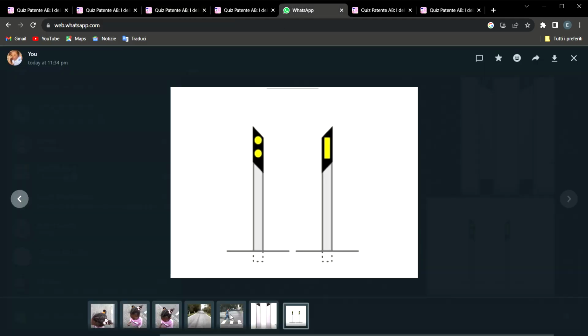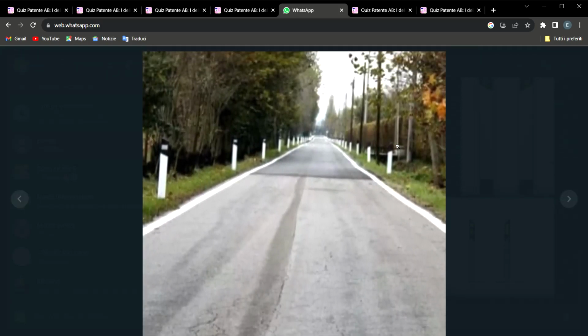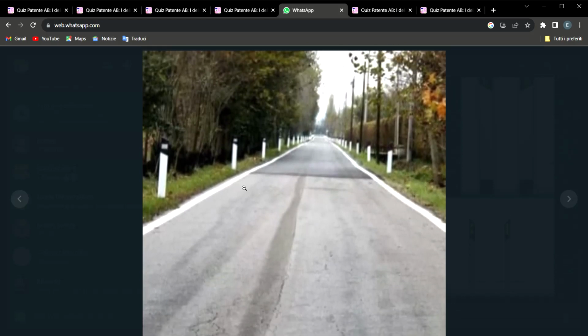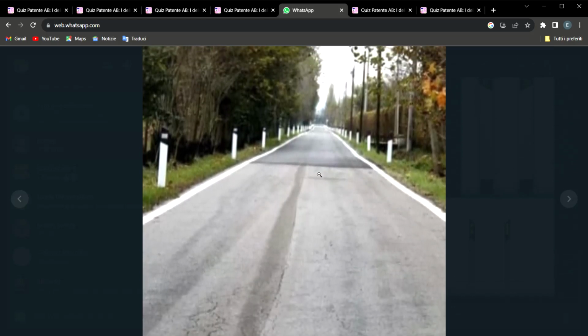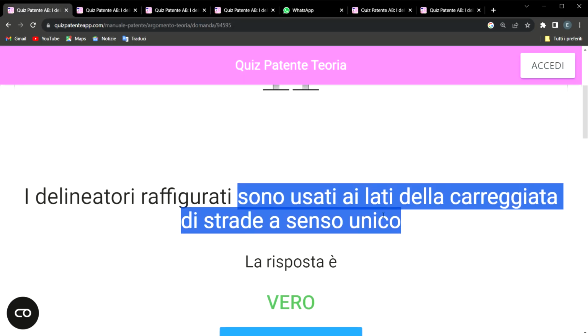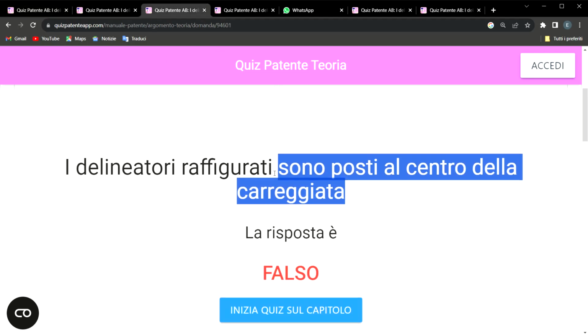Now let me show you something. You can see it, the side of the road. They place it on the side of the road, not in the middle of the road. That is the reason why this one is false.